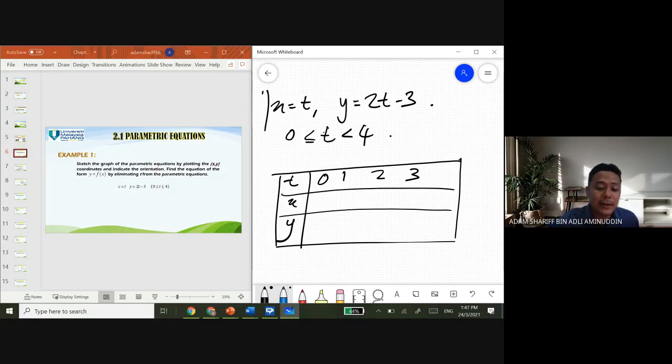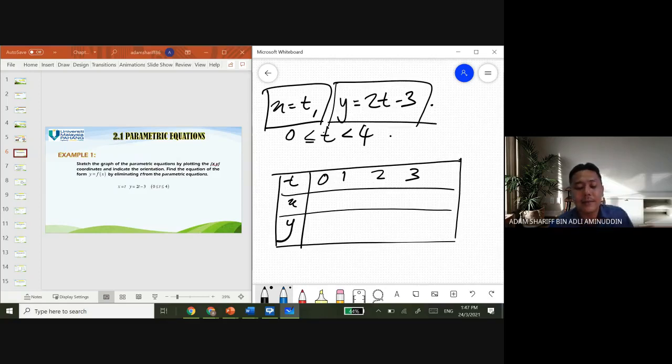So kita boleh tengok kat sini, ini adalah representation x and this is a representation of y. So x equals to t. Bila x equals to t, kita tahu ni adalah kosong. Y pula 2t tolak 3. So it will be 2 times 0 minus 3. So it will be negative 3 here.